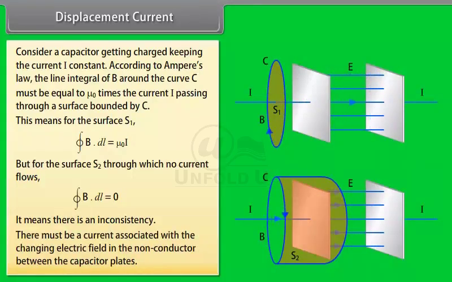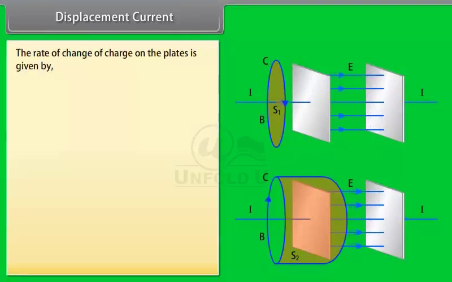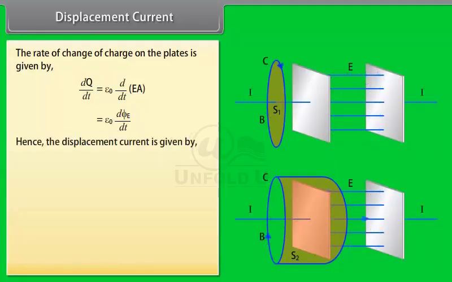There must be a current associated with the changing electric field in the non-conductor between the capacitor plates. The rate of change of charge on the plates is given by epsilon naught d upon dt of EA, which is equal to epsilon naught d phi E by dt. Hence, the displacement current is given by ID equal to epsilon naught d phi E by dt.